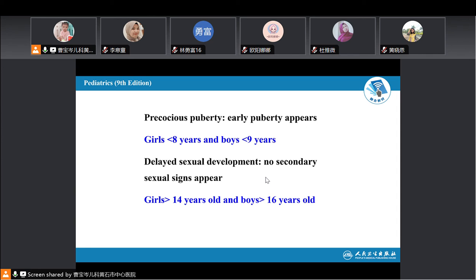Early puberty appears in girls less than 8 years and boys less than 9 years. Delayed sexual development, when secondary sex signs appear in girls more than 14 years old and boys more than 16 years old.